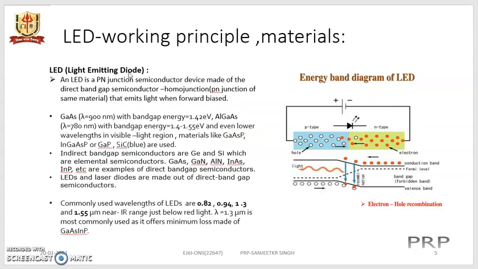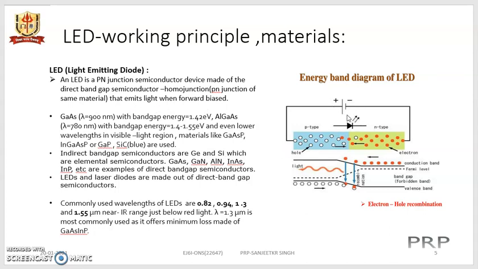The LED, light emitting diode, simple LED, is nothing but a p-n junction semiconductor device which is made of direct band gap semiconductor. The semiconductor could be direct or indirect. Here generally direct band gap semiconductors are used for LEDs and lasers. Moreover it is homojunction because the p-n junction of same material is used, and will emit light when it is forward biased.